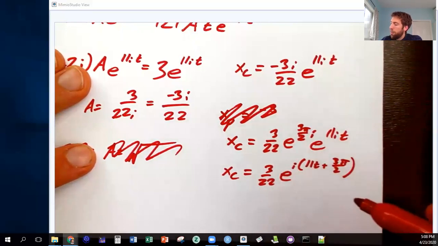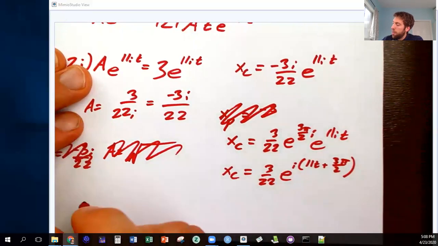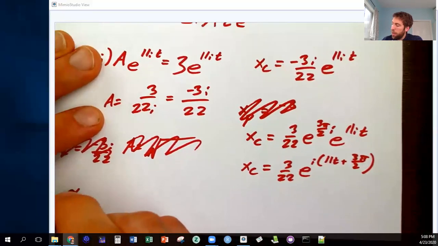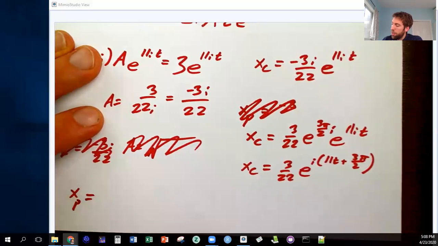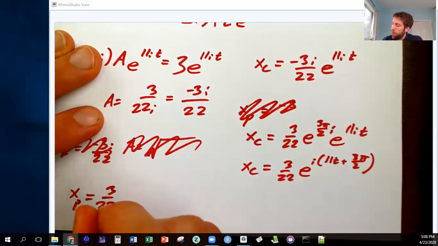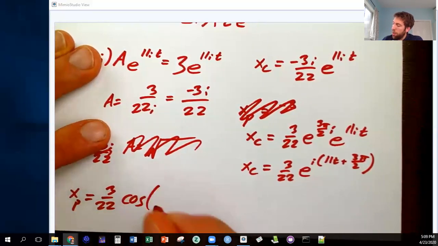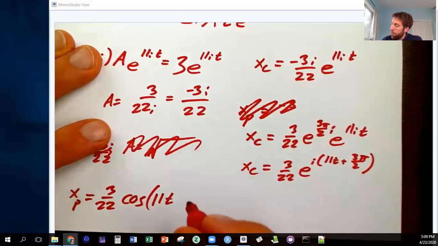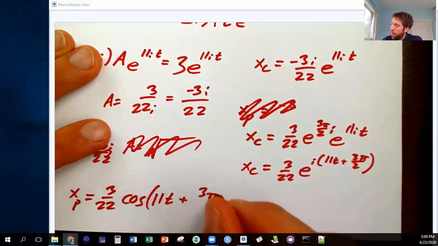Okay, so what is the real part of that? My particular solution is x equals 3/22 times cosine of 11t plus 3π/2.